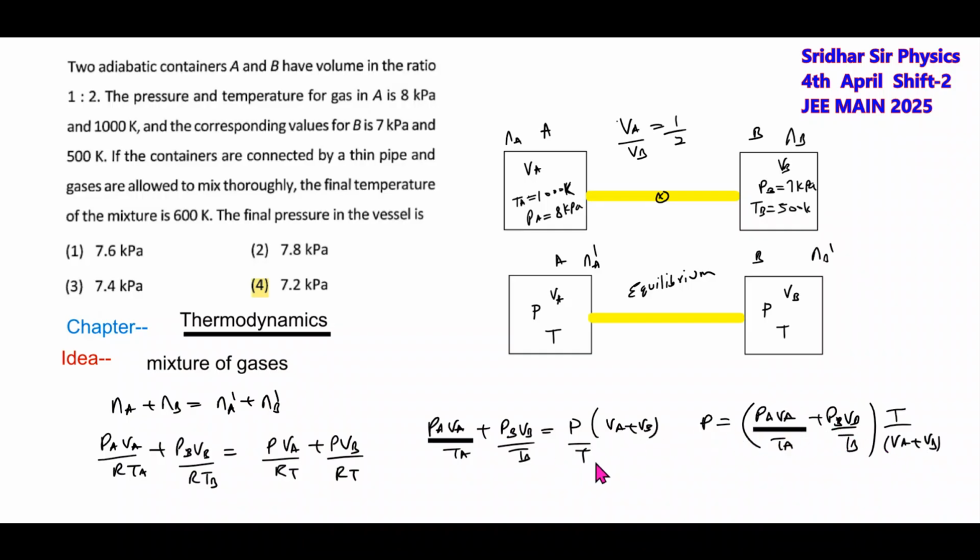If you take VA common, PA by TA, VB common will take it.